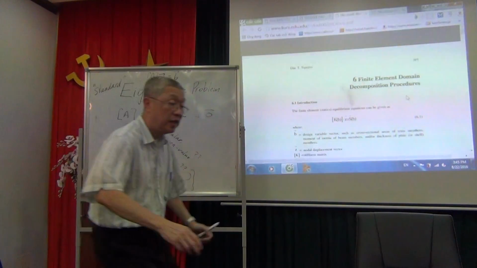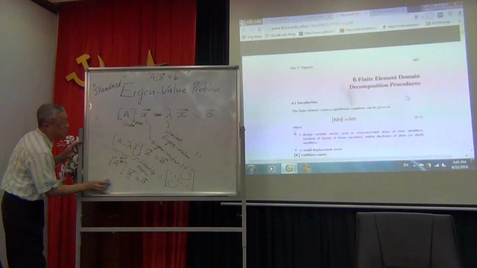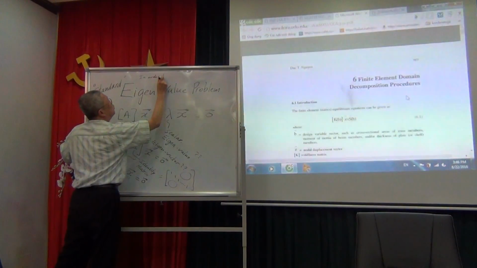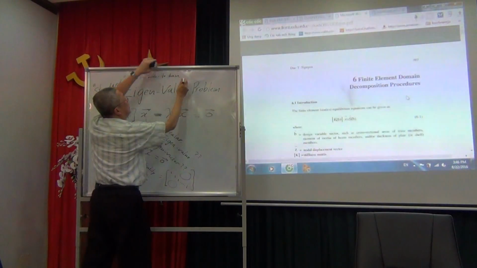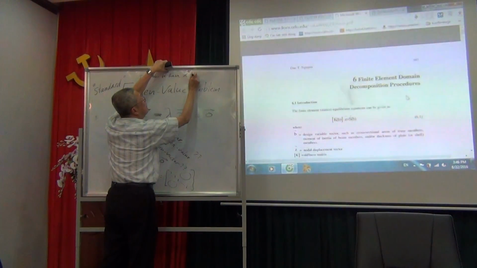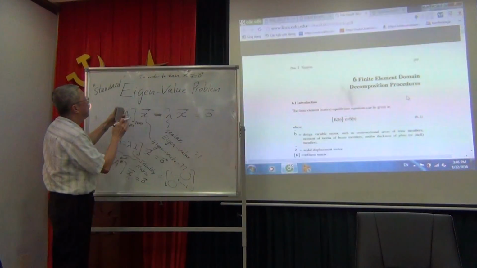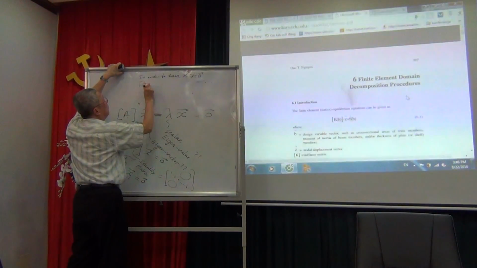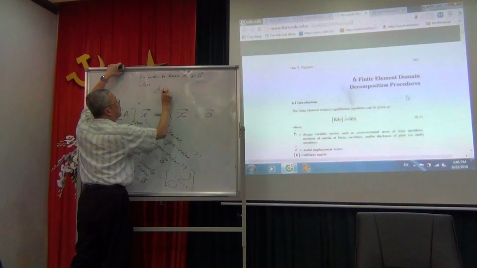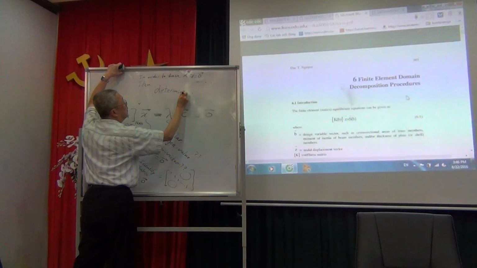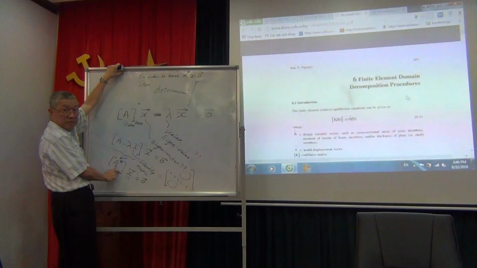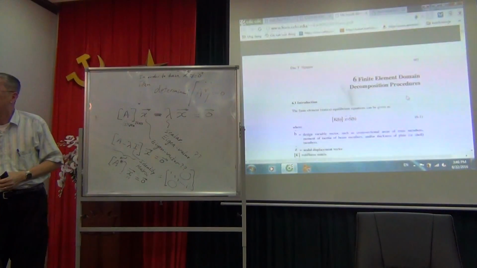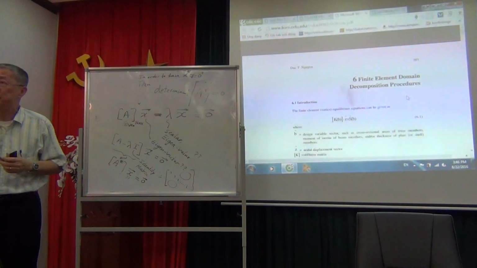So here I say, in order to have the solution x vector different from 0, we require the determinant of this matrix A star equal to 0.